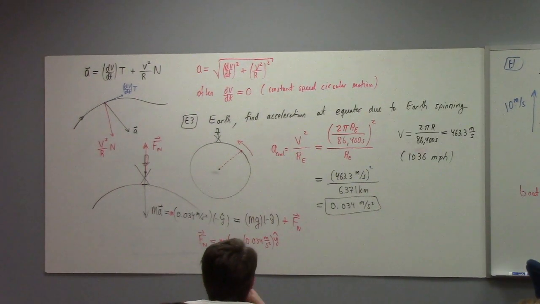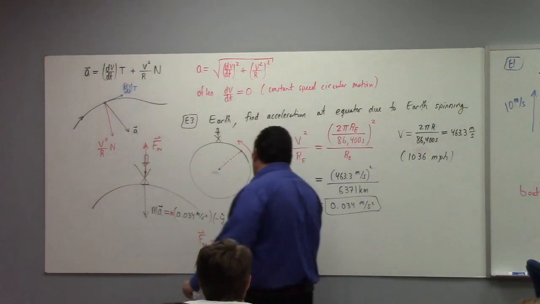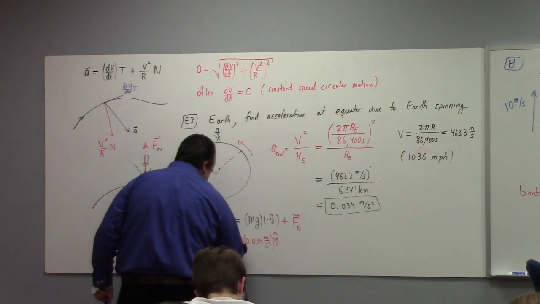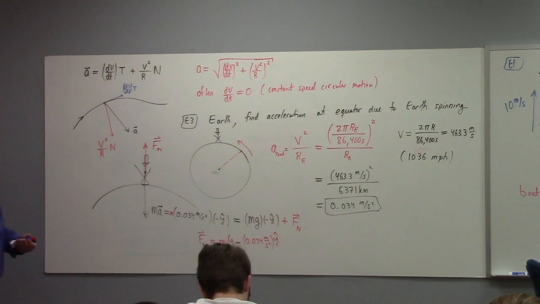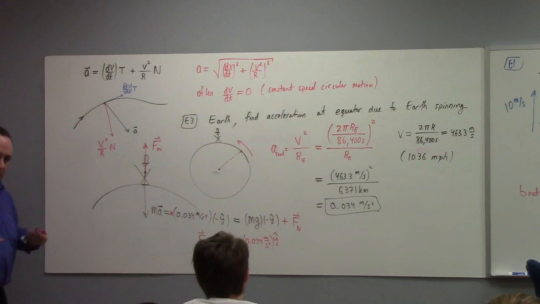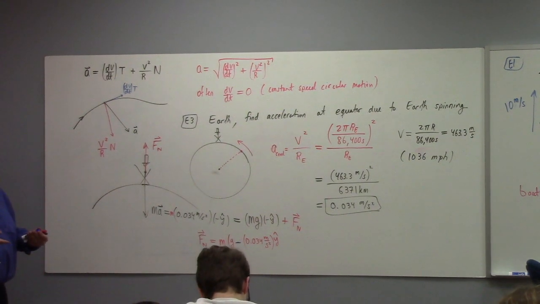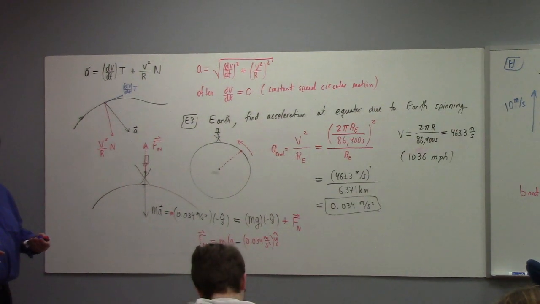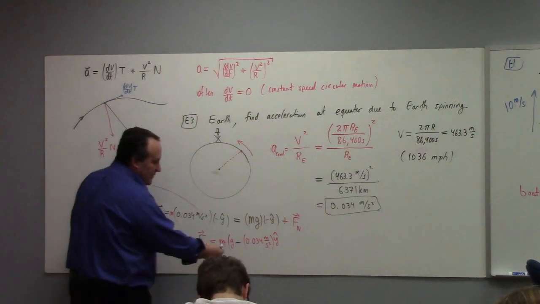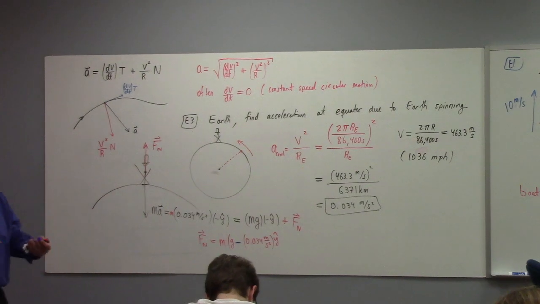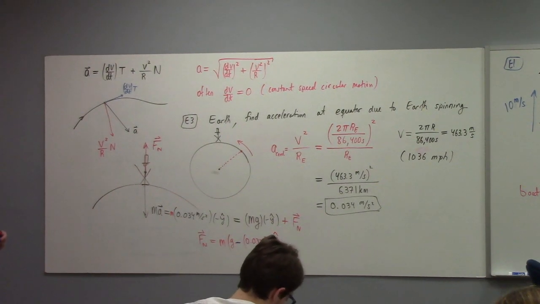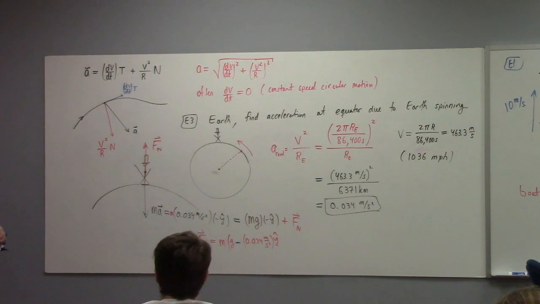So what does this all mean? This means that if you weigh yourself at the equator, the normal force that the scale works off of is not as big as it would be, say, at the North Pole, right? You're losing some of the gravity effectively, at least as it's perceived by standing on a scale. You're losing 0.034 of the 9.8.